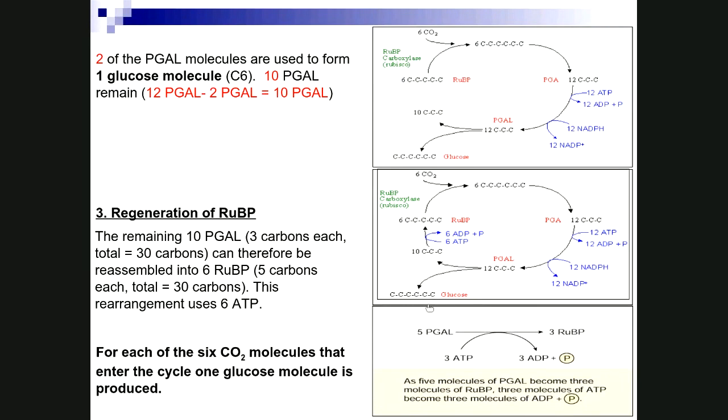Now we have 10 PGAL left over, and we have to change it back to ribulose bisphosphate. Changing it back to ribulose bisphosphate takes another 6 ATP. So we need to use another 6 ATP to change it back to this ribulose bisphosphate, which is a starting point. And that's why we're making it. We need a total of 18 ATPs here for these cycles of the Calvin cycle to make 1 glucose.